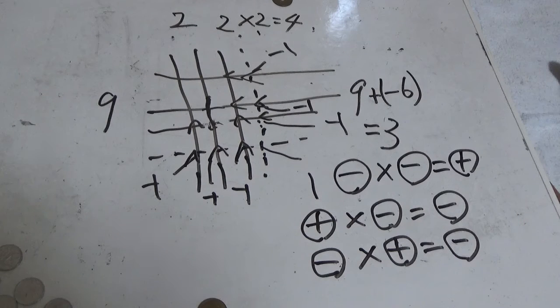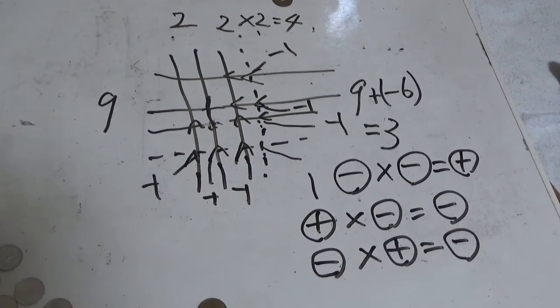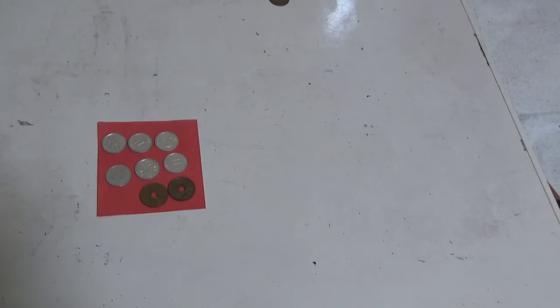So even teachers feel difficulty to explain the reason why positive multiplied by negative is negative, or negative multiplied by positive is negative, and negative multiplied by negative is positive. This shows intuitively why that holds. Next, I will explain about division by lines.